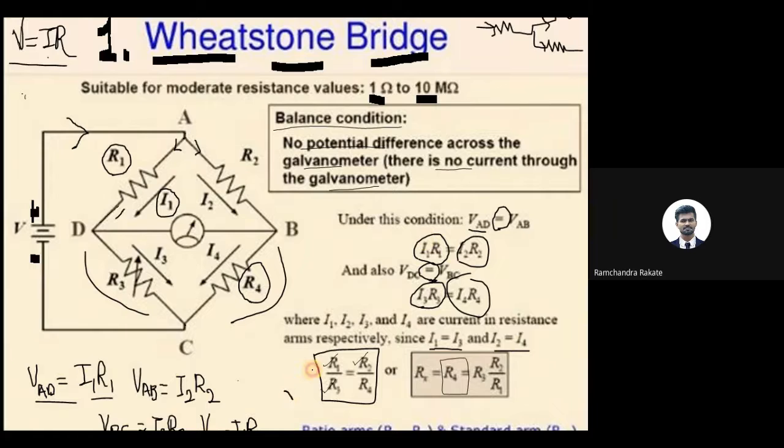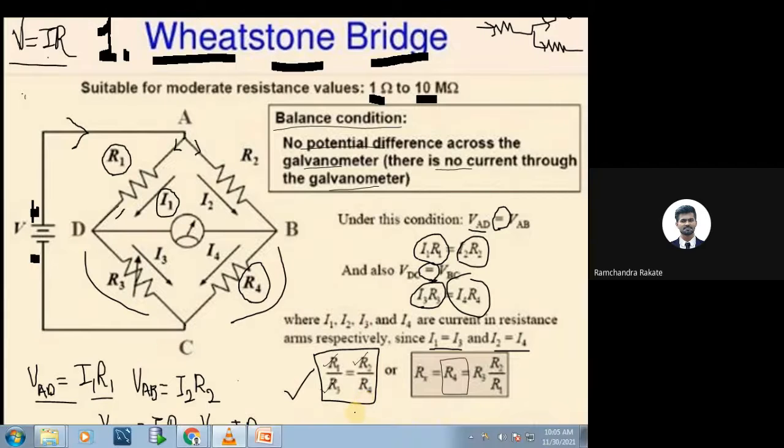So you will get a mathematical model of R1 divided by R3 equal to R2 divided by R4. Now I have not included that mathematical model in your curriculum. Why? Because it is not needed. It is just a one-step calculation. If you just equate all the values of current, you will come to know within a single step the relation between R1, R2, R3 and R4.